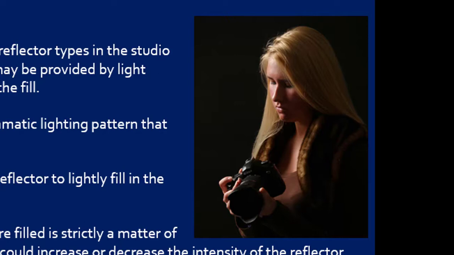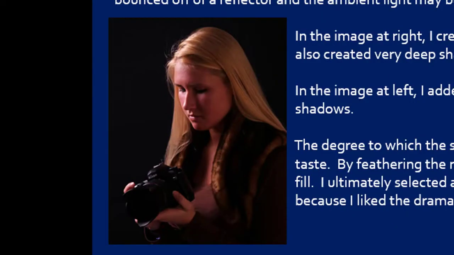But I felt like the shadows were a little too deep and a little too strong, and I needed to bring in just a little bit of illumination, and my solution here was to bring in just a simple reflector and kind of feathering that reflector just a bit so that it didn't create a really strong, harsh reflection of light. I just used the edges of that light so that it made it nice and soft, and put in just enough light to fill those shadows.